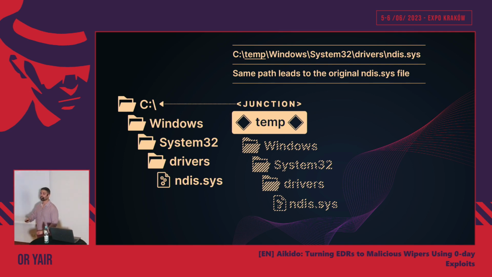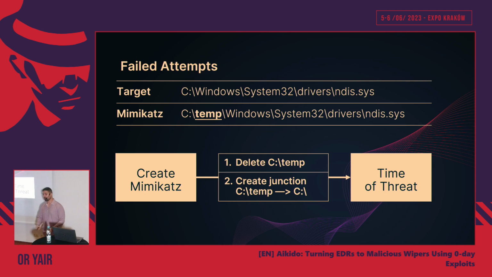That is exactly what I tried to do. I tried to create mimikatz in the path C:\temp\Windows\System32\drivers\ndis.sys. Then immediately after the creation, delete everything including the mimikatz file itself from the temp directory, convert the temp directory to be a junction, and wait for the real ndis.sys file to be deleted.